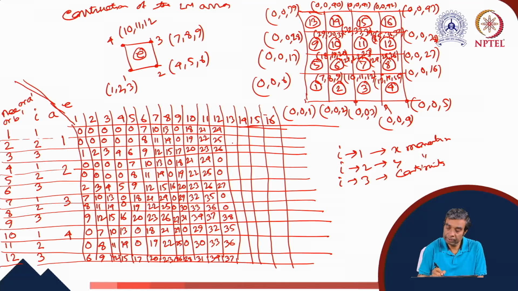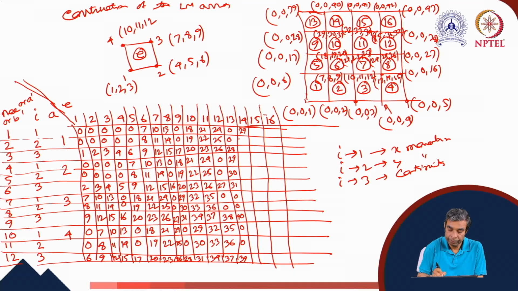Next it is 0, 0, 28, 29, 30, 31, it is 0, 0, 40, 0, 0, 39.